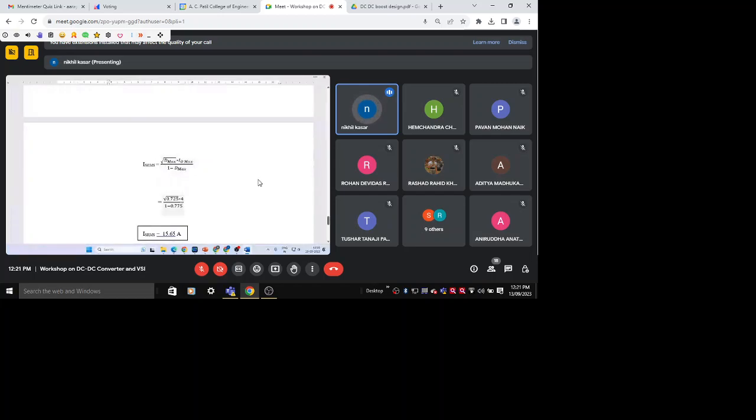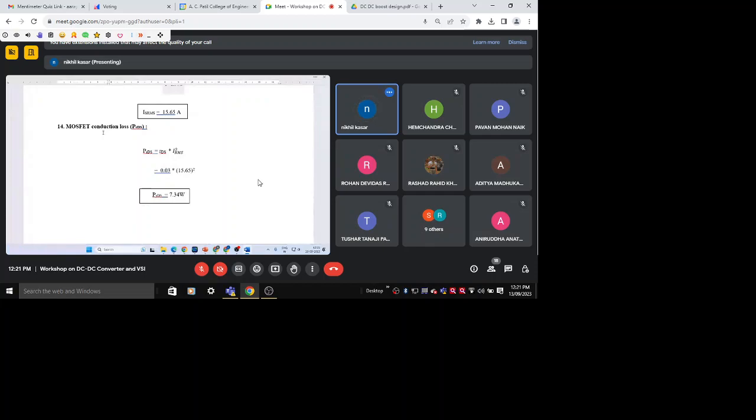Maximum duty cycle multiplied by 1 minus duty cycle, points 50. That we have all. Why, power loss during using. Here I have used conduction loss, that is I square R losses.